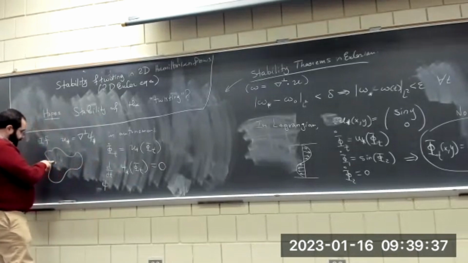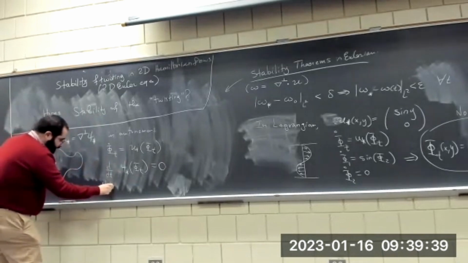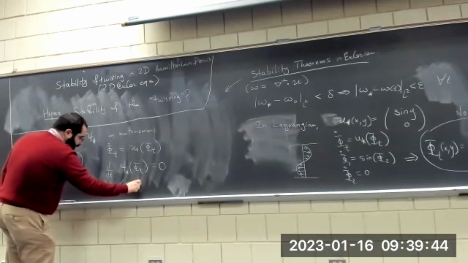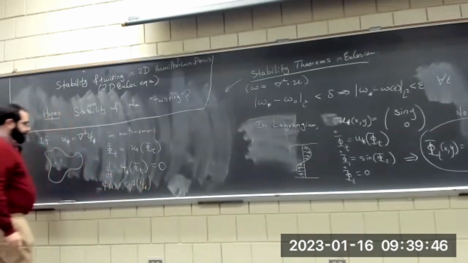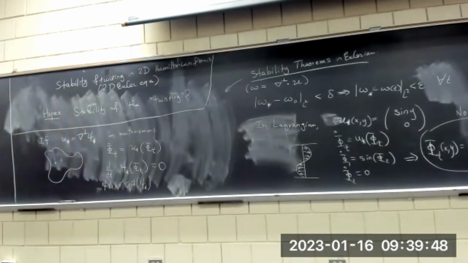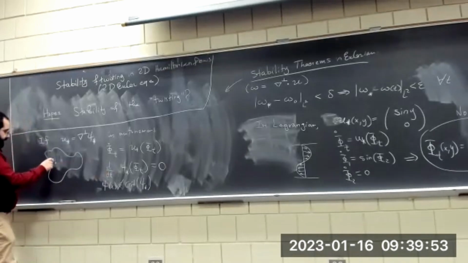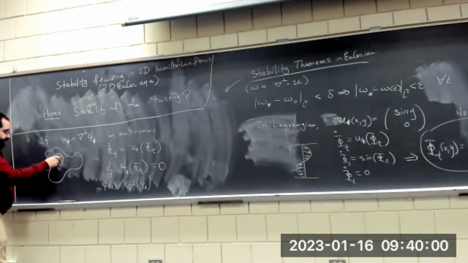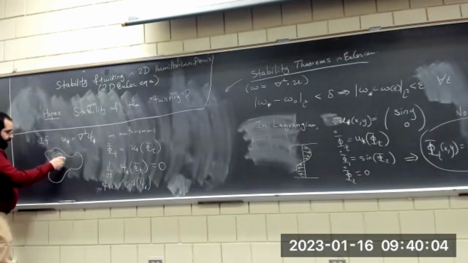Well, if psi of x is not a critical value of psi star, this is just some basic ODE stuff, then there's a periodic trajectory going through it. Most of the domain is filled with these periodic trajectories, and it can split into multiple pieces.